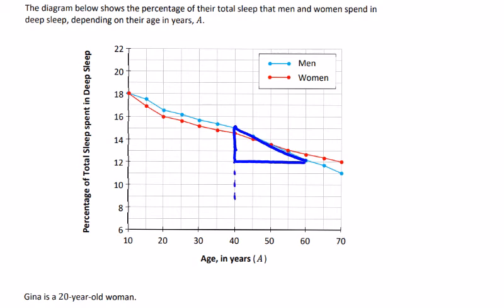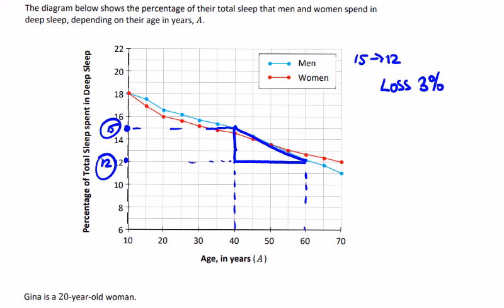So let's just have a look at what this means. We take this value here, approximately 15, say, and this value here as approximately 12. So it looks like from 15 to 12, that's a loss of 3%.